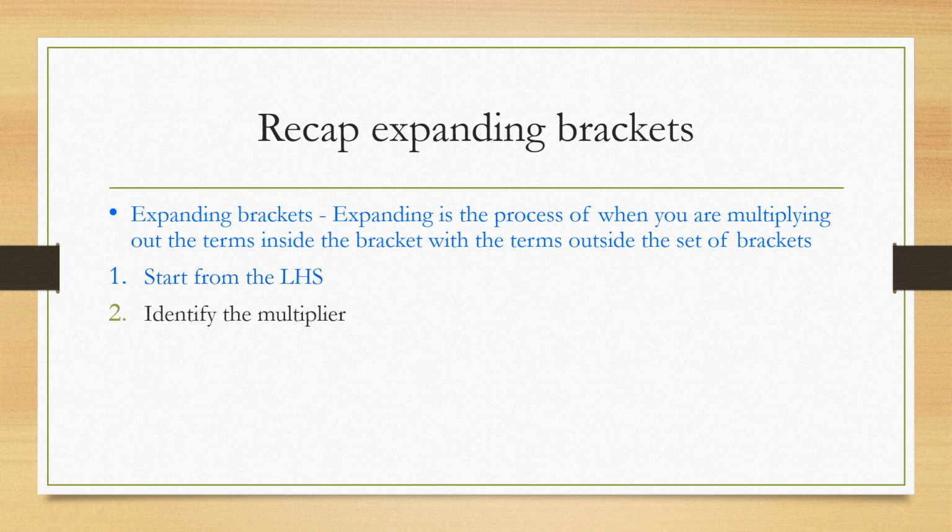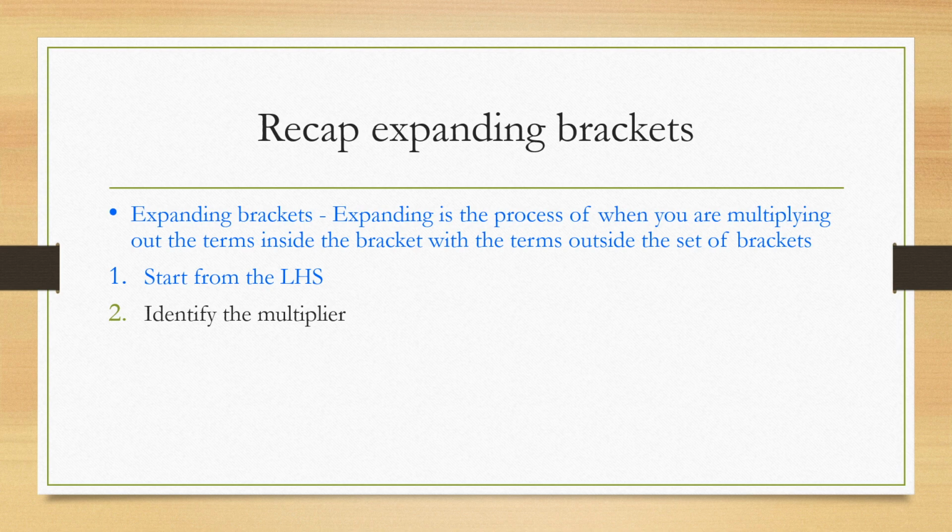Identifying the multiplier. This step is quite important because sometimes what people do is, instead of writing the multiplier on the left-hand side, they write it on the right-hand side or something. When they do that, most of the time students just get disoriented. They get really confused. They say, oh, this wasn't there, so I don't know what to do with it.